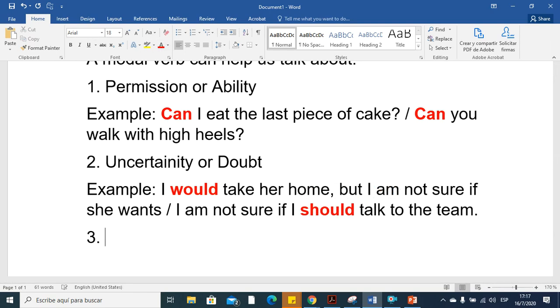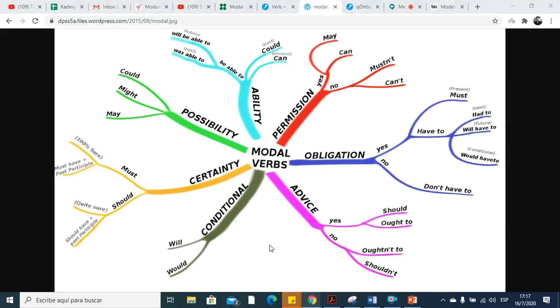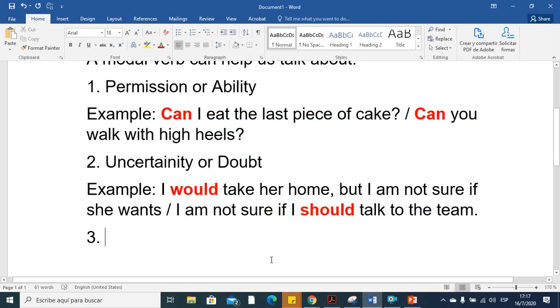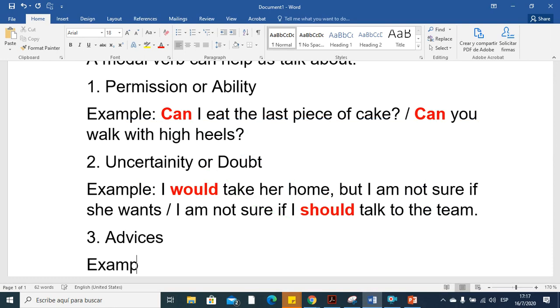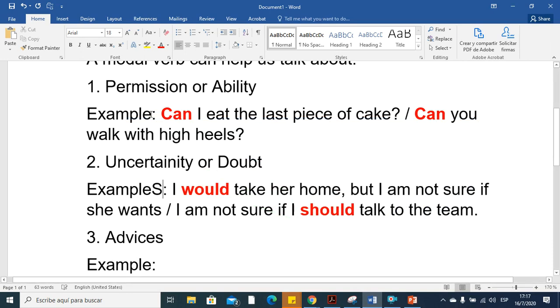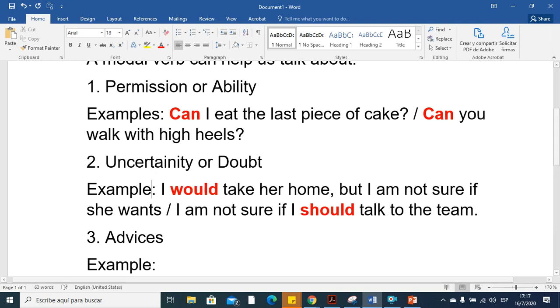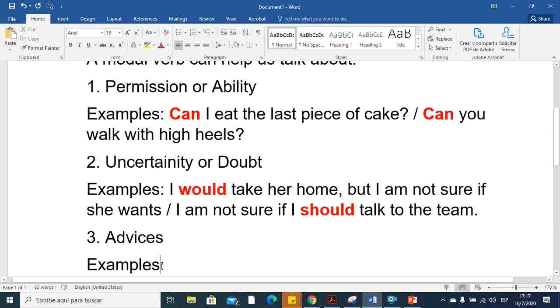Now, modals can also help us, like the mind map that we have right here says, for advice. For example, these should be examples because they are plural, so there's more than one.